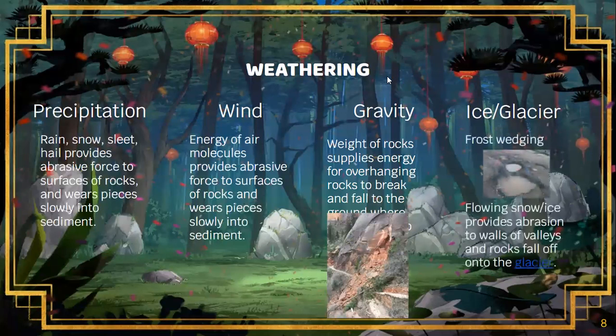And then for ice, we have frost wedging. Frost wedging is when liquid water gets into the cracks of rocks, and whenever it gets cold enough, the water freezes. The freezing of water actually causes the water molecules to expand, right?